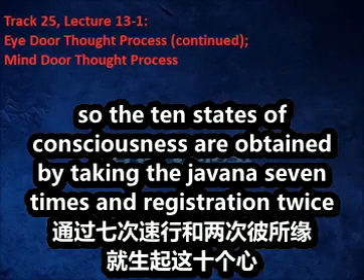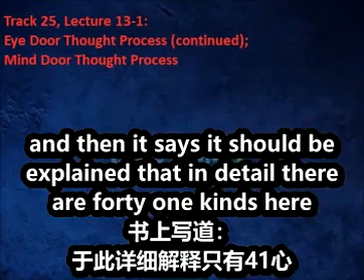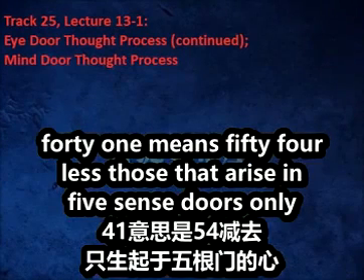So the 10 states of consciousness are obtained by taking the javana 7 times and registration twice. And then it says, it should be explained that in detail there are 41 kinds here. So 41 means 54 less those that arise in 5 sense doors only.